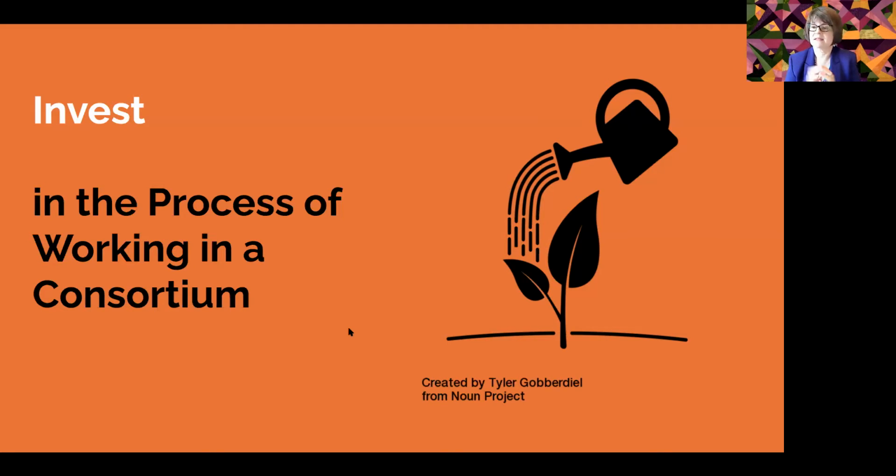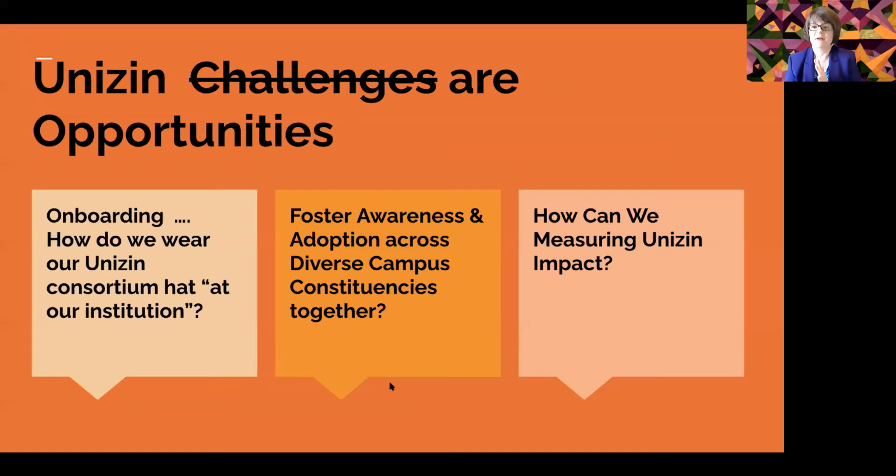So if we go to the next slide, what I've put here are 3 of the challenges I see for Unison. And the first one, and I thank Jeff and David for referring to this, is how do we wear our Unison hat when we're not at Unison? How do we explain Unison on our campuses? Unison has a ton to offer to a wide variety of constituencies.